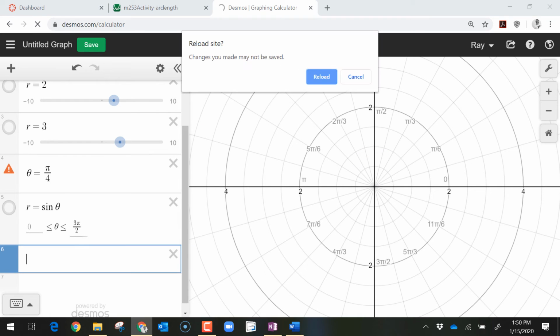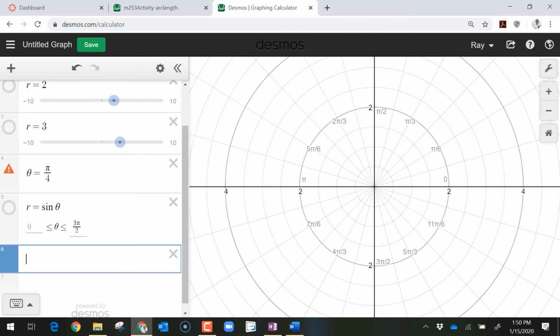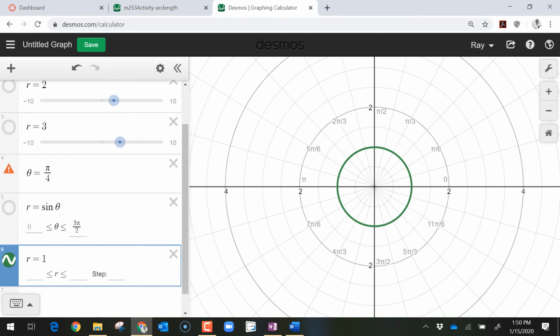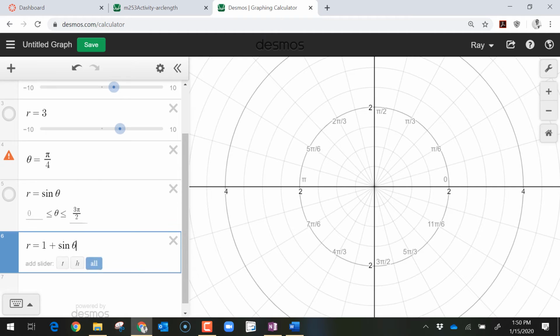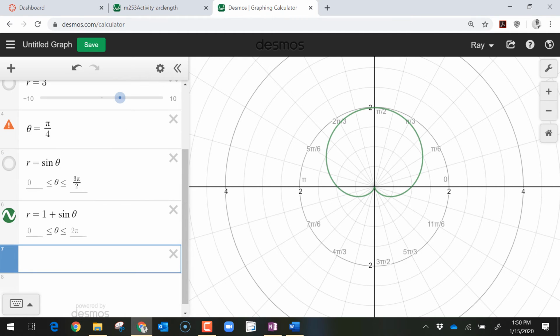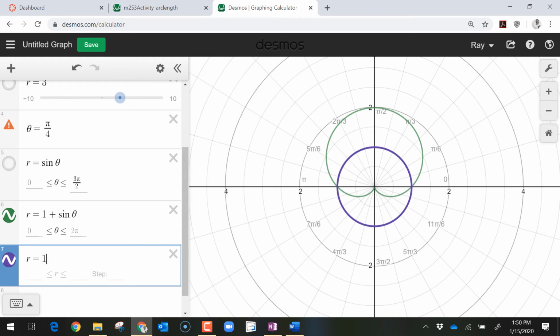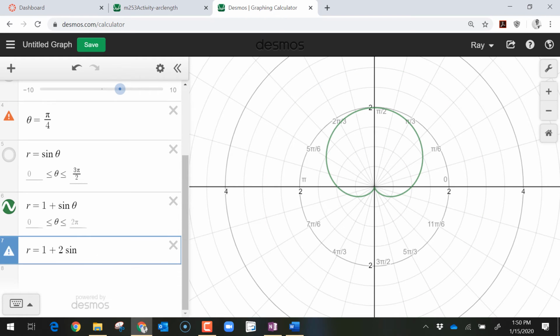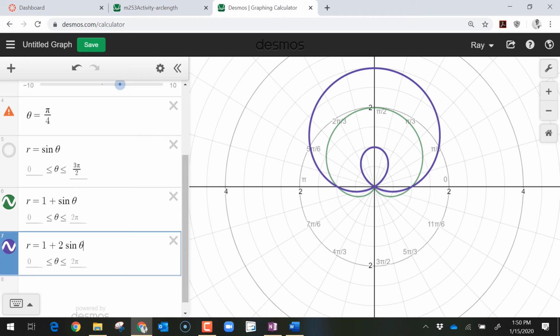r equals 1 plus sine theta, cardioid; r equals 1 plus 2 sine theta, limaçon. And then if you change this into a cosine, you can try to imagine what would happen.